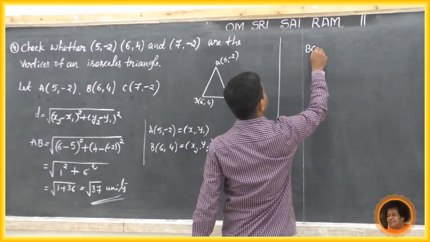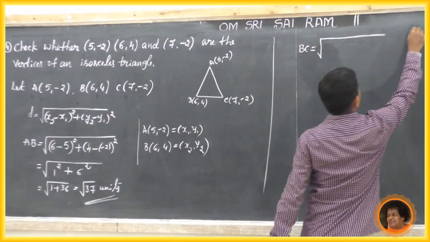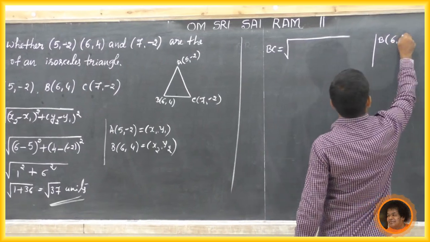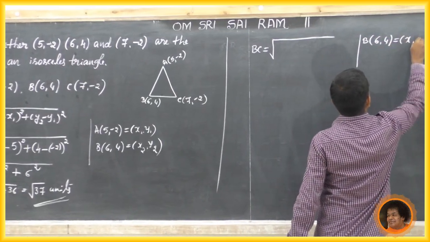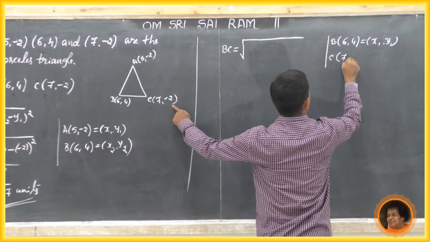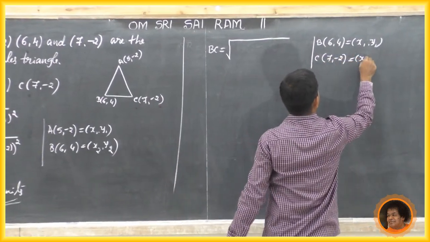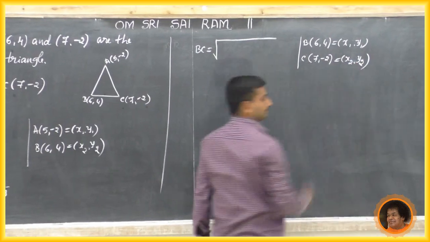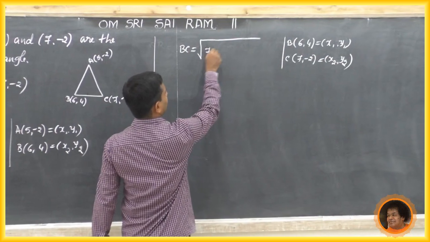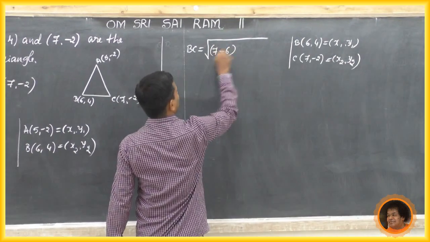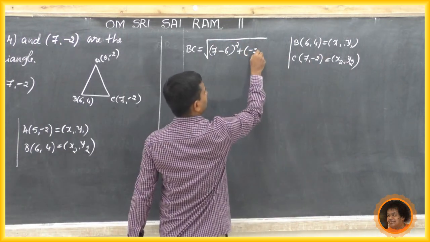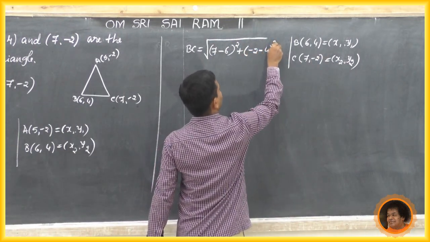Distance BC is equal to square root of... the coordinates of the point B (6, 4) are x1, y1, and C (7, -2) are x2, y2. Now substitute the values: (7 minus 6) whole square plus (-2 minus 4) whole square.